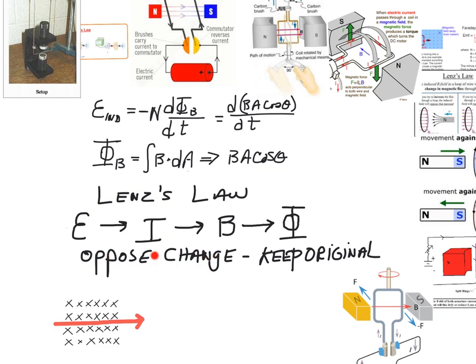Opposes change, resistance to change. So if an object's in motion, it tends to stay in motion. If you're going to change it, you need an outside force. So that's how this works. So we have Faraday's law, Lenz's law. Now we'll apply both of them together.